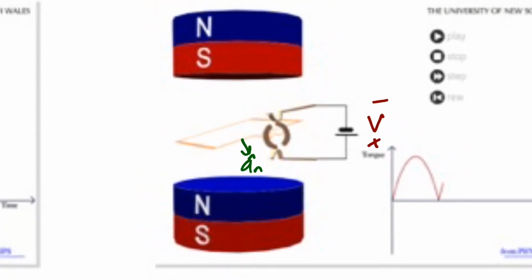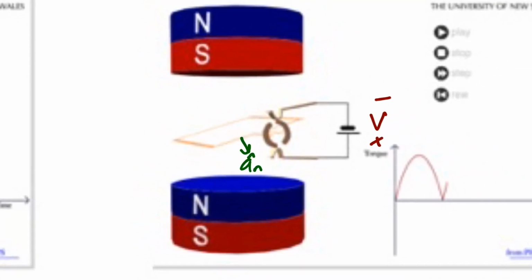And so now again there's a torque on the loop and it continues to rotate. The next two videos are going to be demonstrations of simple motors.